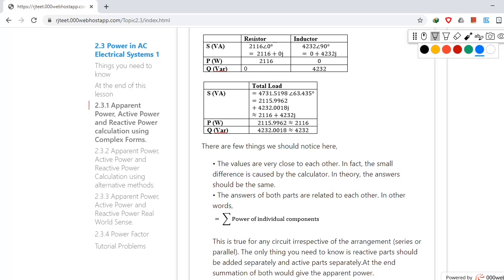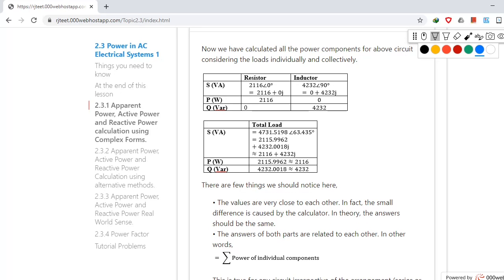If you look carefully again, the total apparent power, if you convert back to Cartesian form, it's going to be this much.